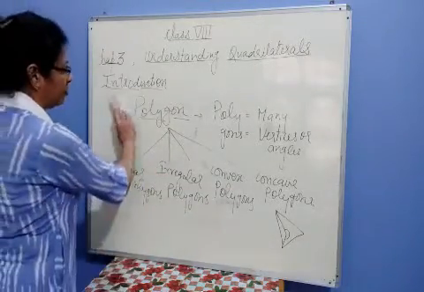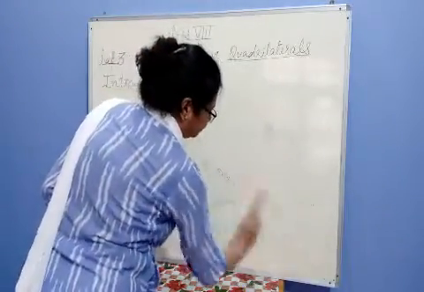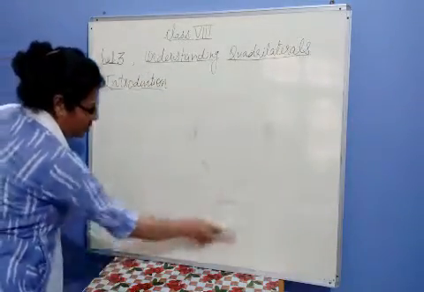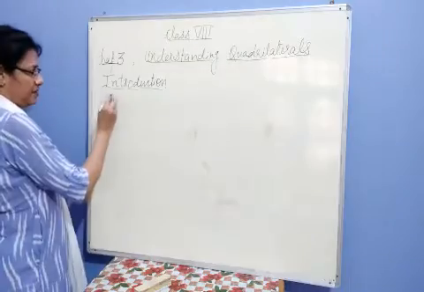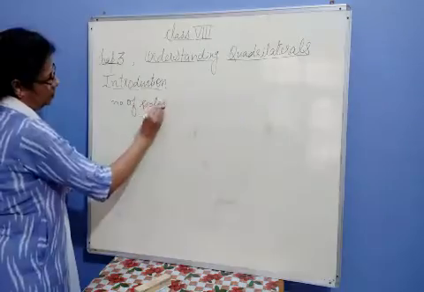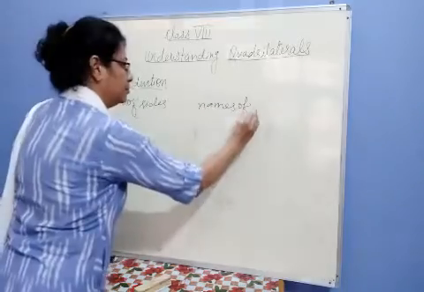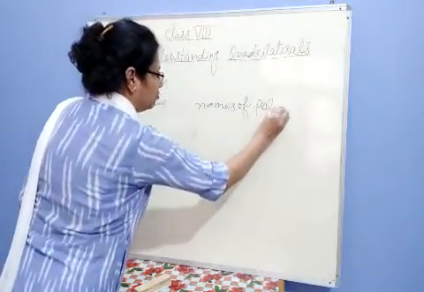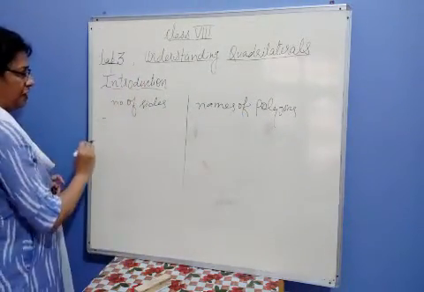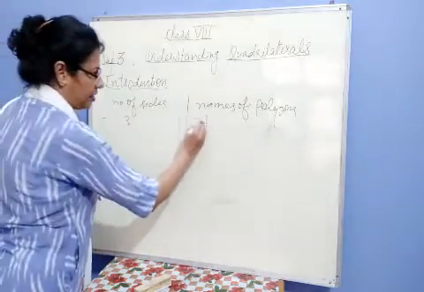After that, I want to tell you these polygons are also named according to their sides. So let us know, if I write here number of sides and here names of polygons, then if we have 3 sides in a polygon, it is called a triangle.